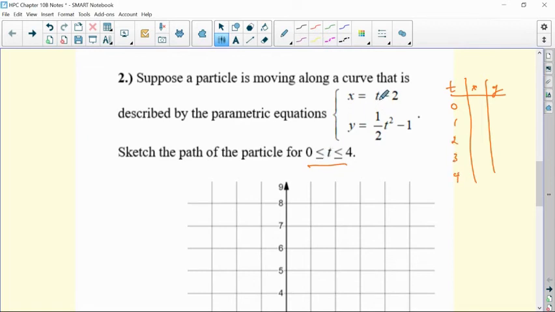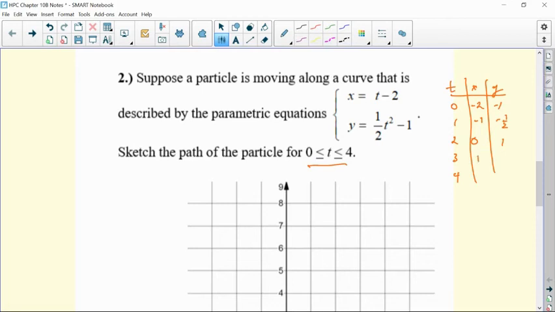Then our x position starts at -2, and the y position starts at -1. When I put in 1, 1 minus 2 is -1. 1 squared is 1, and half of that minus 1 is -half. 2 minus 2 is 0. 2 squared is 4. Half of 4 is 2. 2 minus 1 is up to 1.